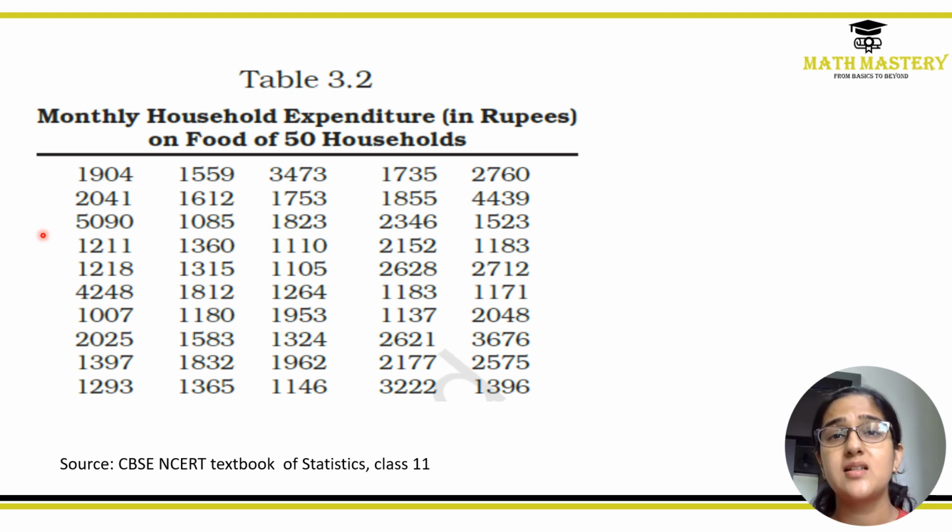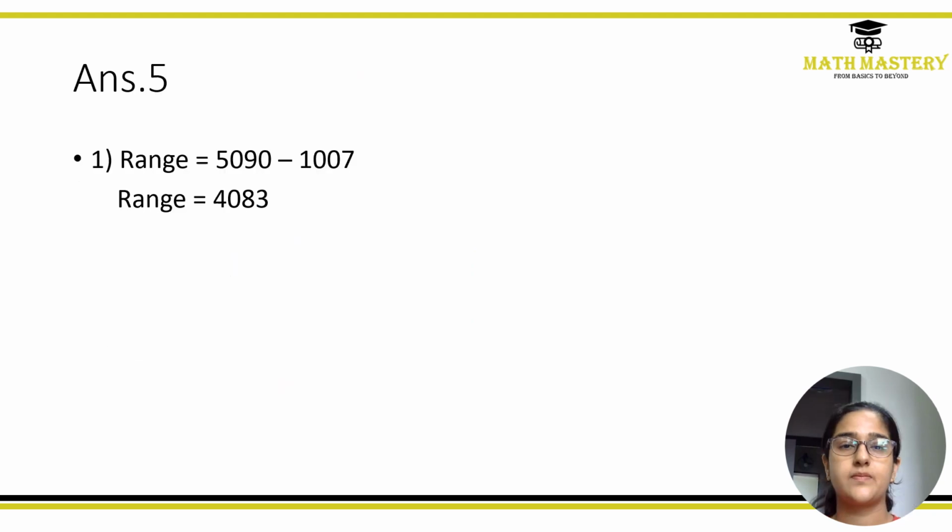We have discussed this in the chapter as well. If we take equal size in this case, then the information gets suppressed. Therefore we will take unequal size class intervals. So the answer of the first part, range, is equal to 4083.